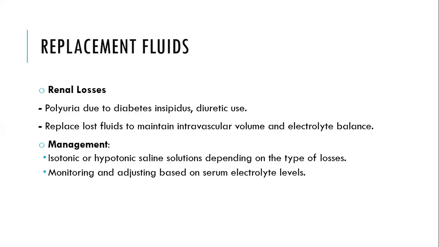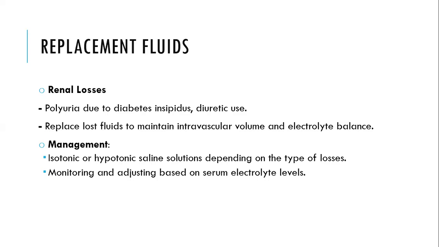The other one are the renal losses. I have a slide, and I hope we'll be able to touch on that. Polyuria due to diabetes insipidus, or sometimes diuretic use. I like using low dose continuous infusions of furosemide for my patient, especially because it helps keep the ventilated patient dry.